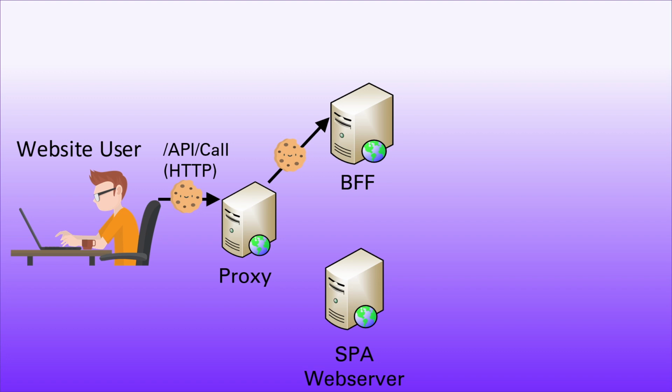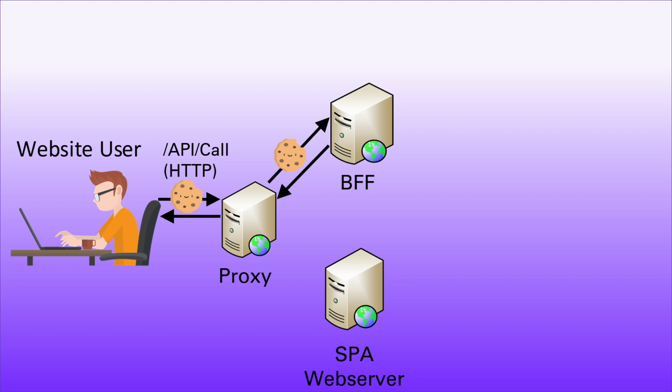So from our single page application, any fetch call, etc., is going across HTTP. It's going to attach that cookie to that request, and our backend for front end will receive that cookie, know that it's an authenticated request, and be able to process that request and send back the response back to the user's browser in a secure fashion.